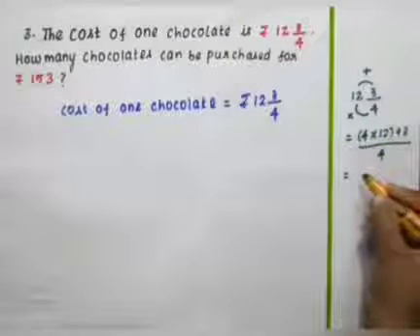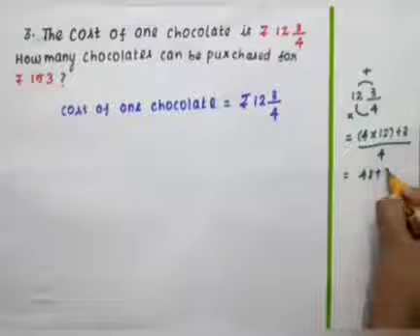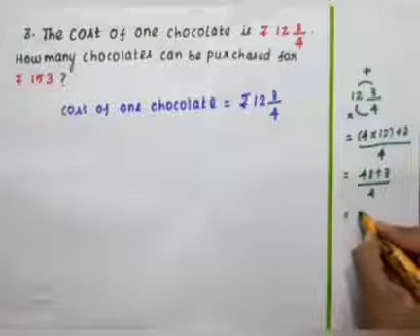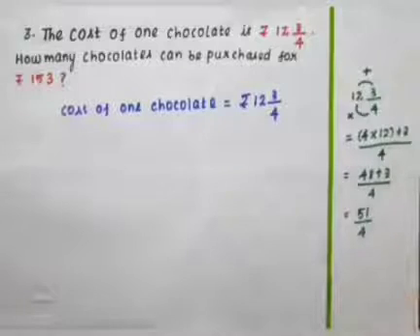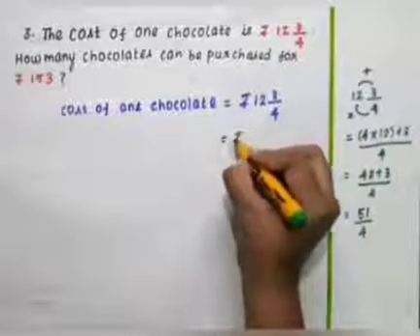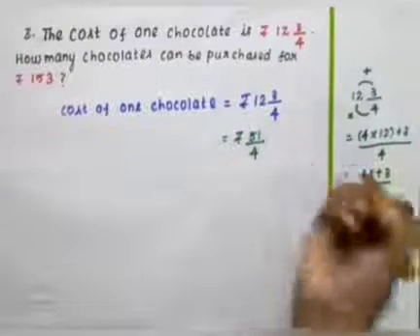This is equal to 4 12s are 48 added with 3 divided by 4, which is 51/4. Therefore, the cost of one chocolate is rupees 51/4.